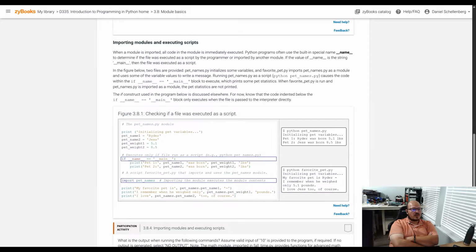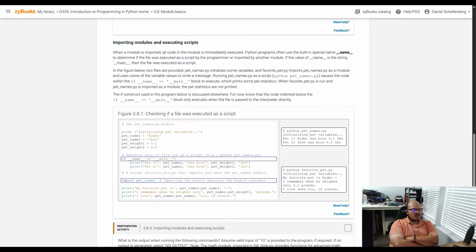Running pet_names.py as a script, so python pet_names.py, causes the code within the if __name__ is equal to __main__ block to execute, which prints some pet statistics. When favorite_pet.py is run and pet_names.py is imported as a module, the pet statistics are not printed.